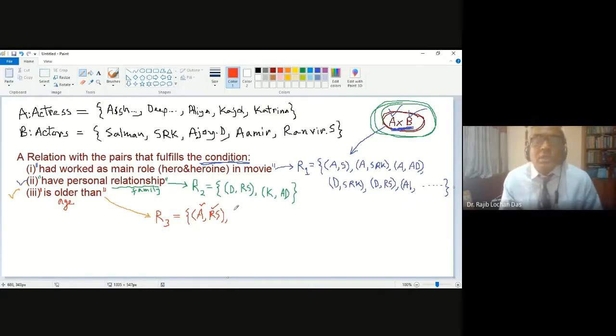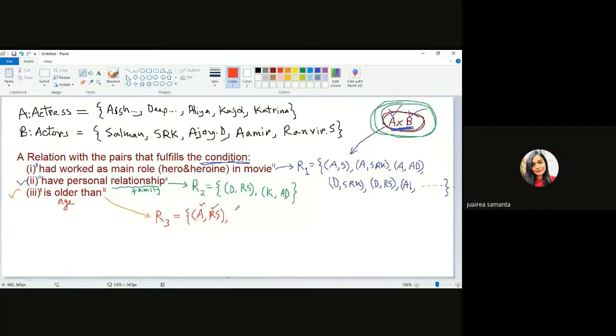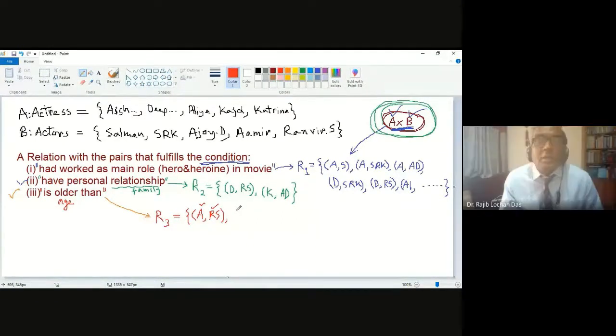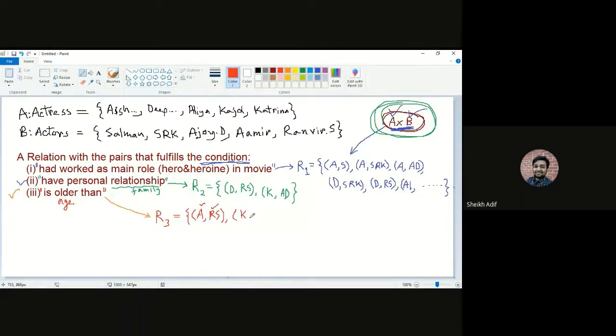So now you think, Deepika, comma what? Is there anyone possible? No, sir. Then Alia? Maybe no. Then Kajol? Ranbir Singh, maybe.